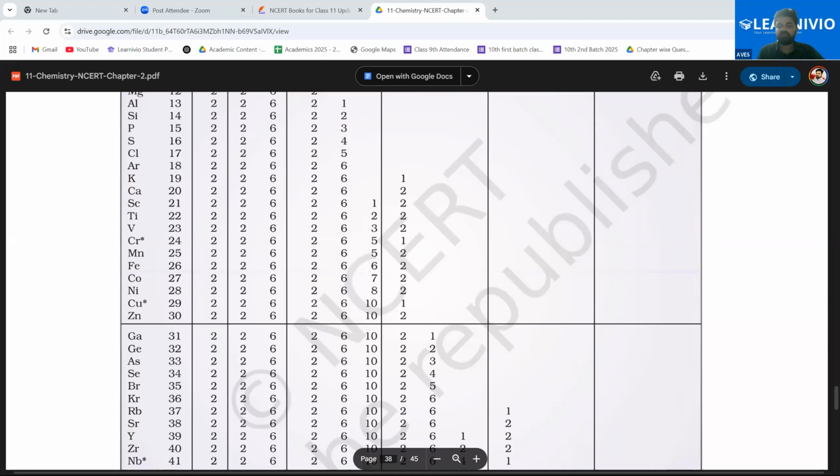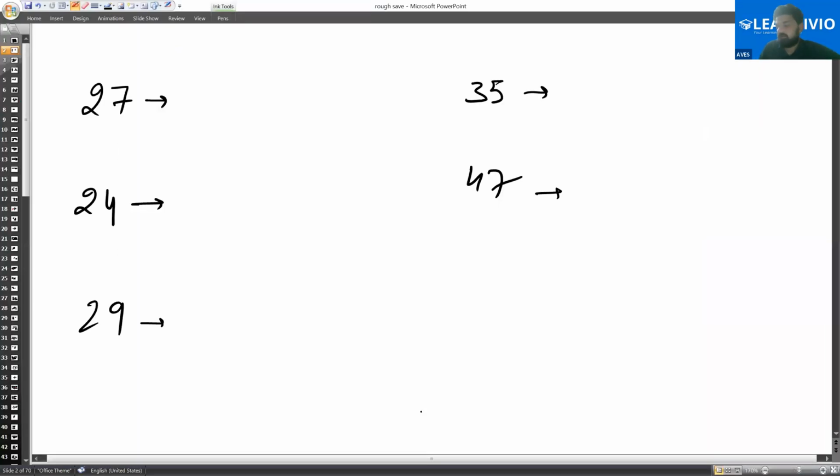So up to 20 you should remember that if you are writing the electronic configuration, 1s2 2s2 2p6 3s2 3p6, okay.